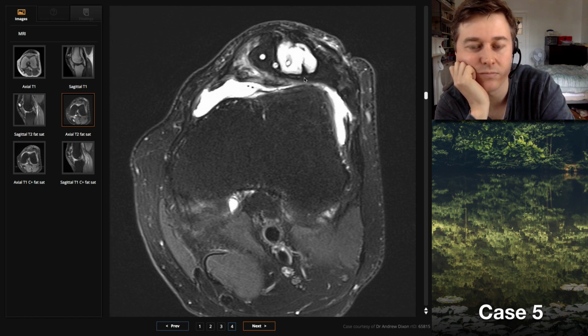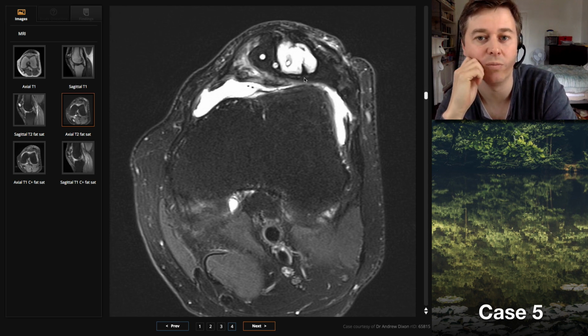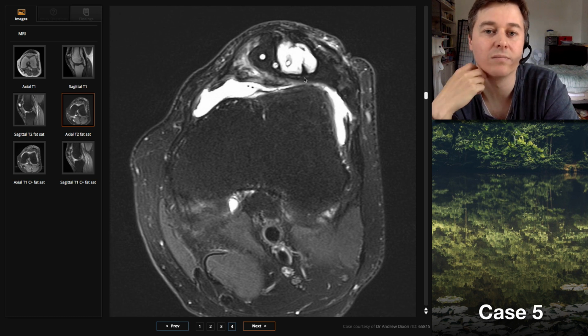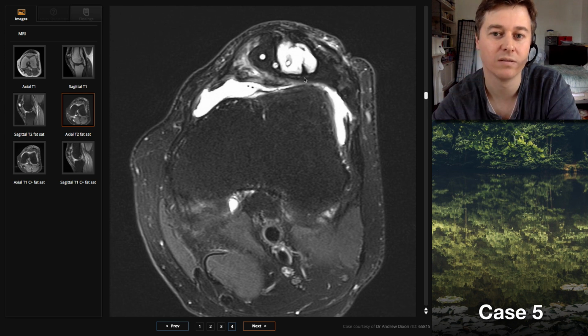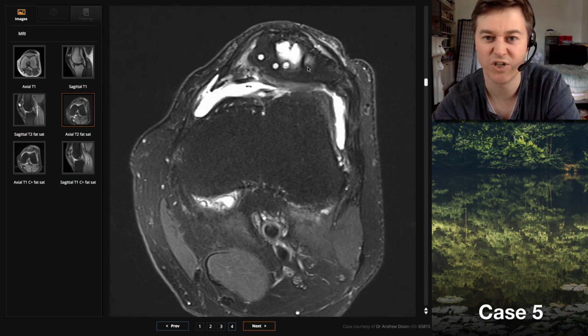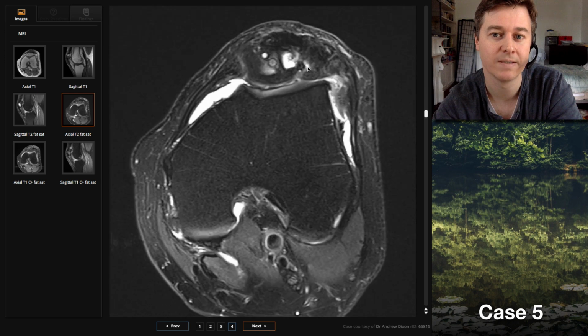I'd probably favour a GCT over an aneurysmal bone cyst. Yes. What might you see in aneurysmal bone cyst on MR that really helps? So your fluid levels. Yeah, so aneurysmal bone cysts usually have fluid levels, which this one doesn't have. Giant cell tumours can have them as well because they often arise within an aneurysmal bone cyst.